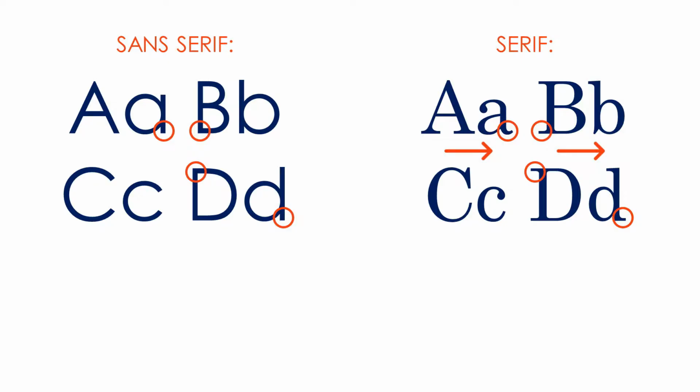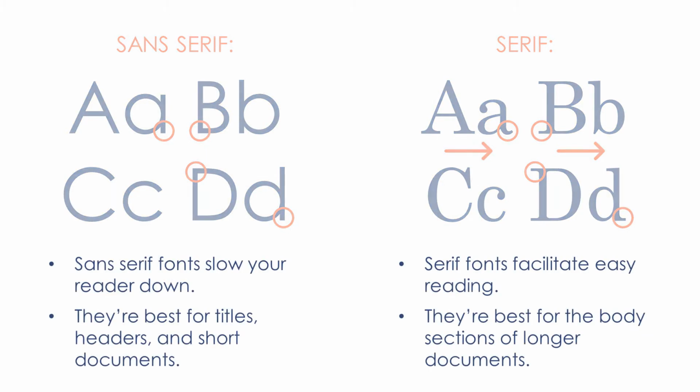Those hooks and pointers help guide your reader's eye along the line of text. And as a result, serif fonts facilitate easy reading. That's the reason why textbooks and novels tend to use serif fonts, because serif fonts help your reader read quickly.